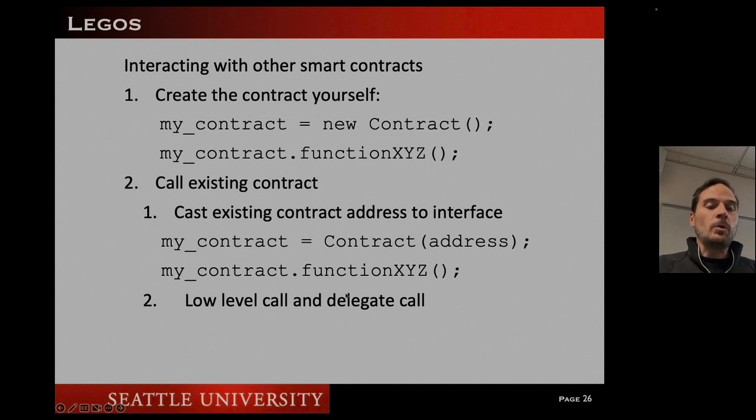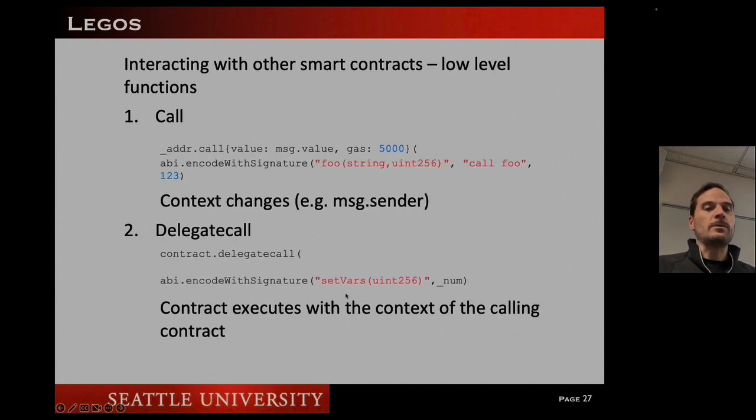And then you have two low-level options. You can either do the call invocation, and what happens there, the context changes. So you have contract A calling contract B. What happens now, the msg.sender variable will be set to contract A. So the context changes.